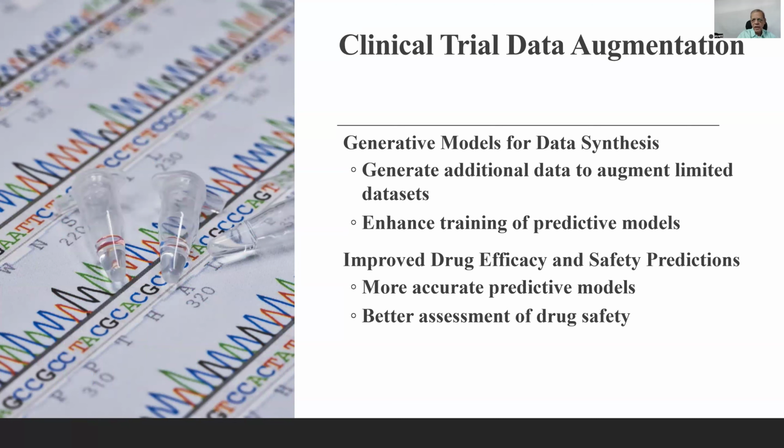Clinical trial data augmentation. Clinical trial data is big data and requires strong algorithms or machine learning models, which can really help not only in the data analysis but also suggest good data-driven models, which can help you minimize the experiments while getting the maximum benefits, and that enhances the training with predictive models also.